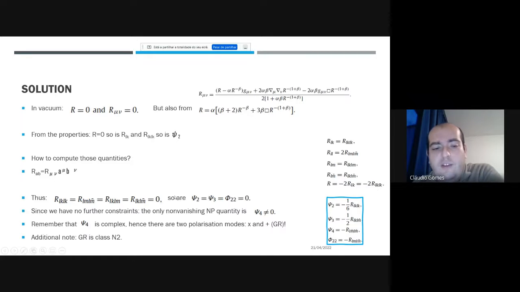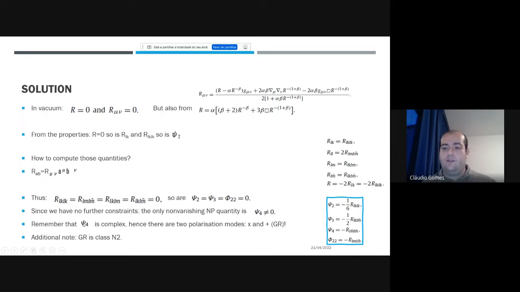Computing these quantities, they are vanishing, and so are these Newman-Penrose quantities. However, we have no further constraints on the form of R_L m-bar, L m-bar. Therefore, the only non-vanishing NP quantity is psi4.